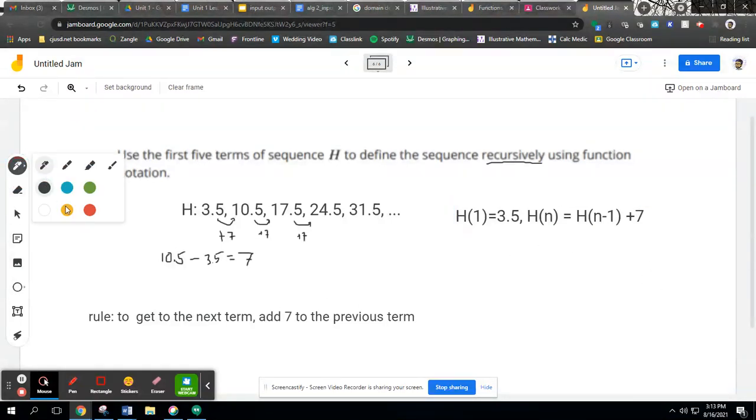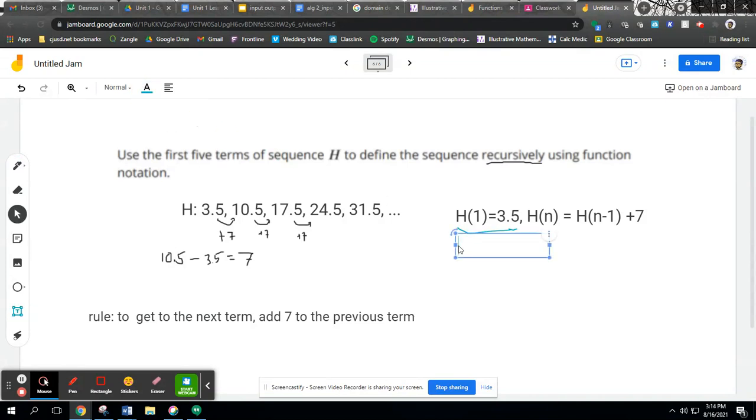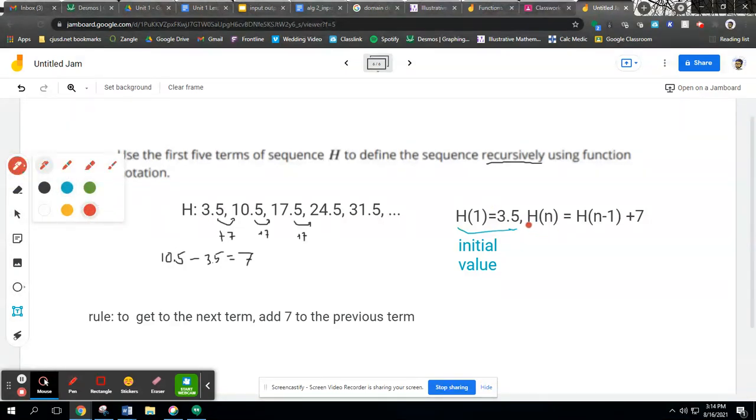So just to remind ourselves, this right here, this is our initial value. Do that in blue. So we always state our initial value. That's the first thing we include in our recursive definition. Next up, right here, is h of n.